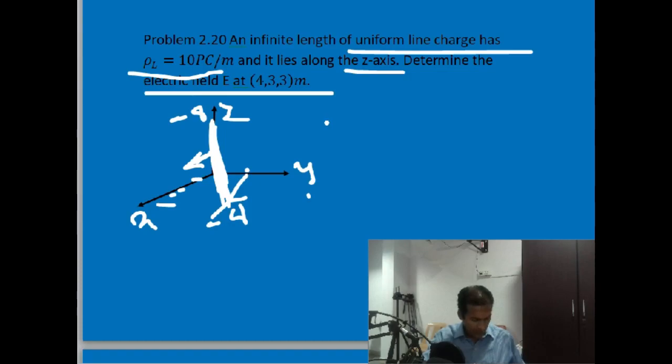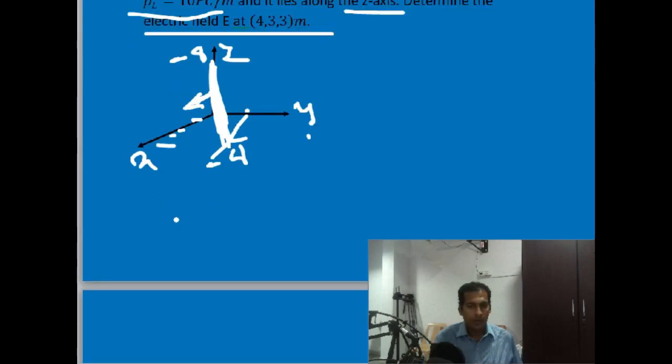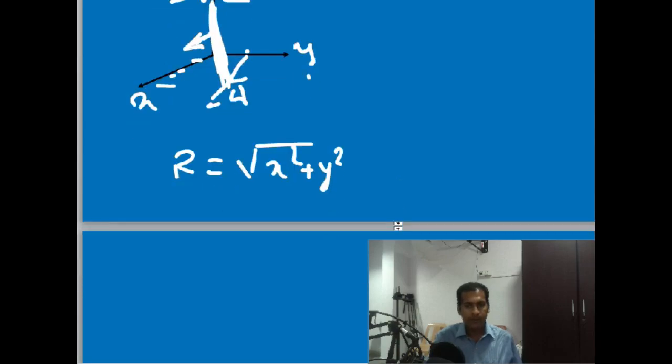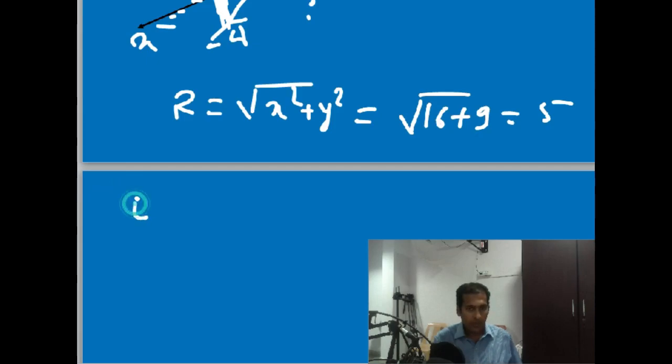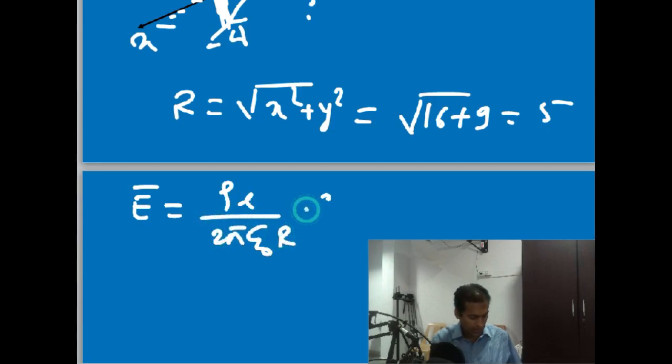The first step, you will find out r, the distance r. I will directly take the modulus: it will be x square plus y square, that is equal to root 16 plus 9 equal to 5. So the formula for infinite line charge is E bar equal to rho L by 2 pi epsilon naught r into AR cap.